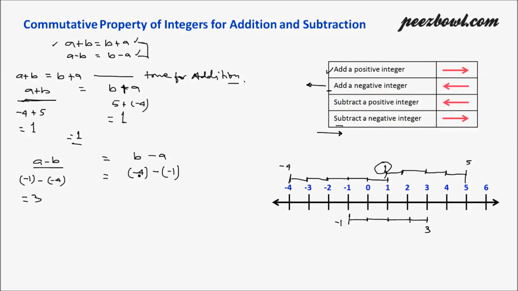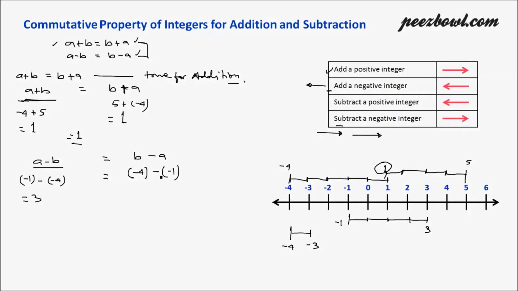For b minus a, let us find out where we have -4. So here we go, we have -4 here. As I am subtracting a negative integer, for this also I need to move right on the number line. I need to move 1 unit right. After moving 1 unit right, I reach -3.